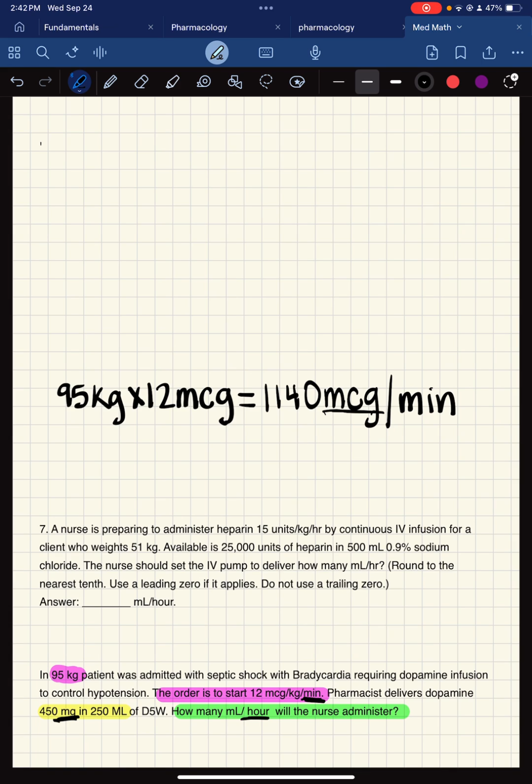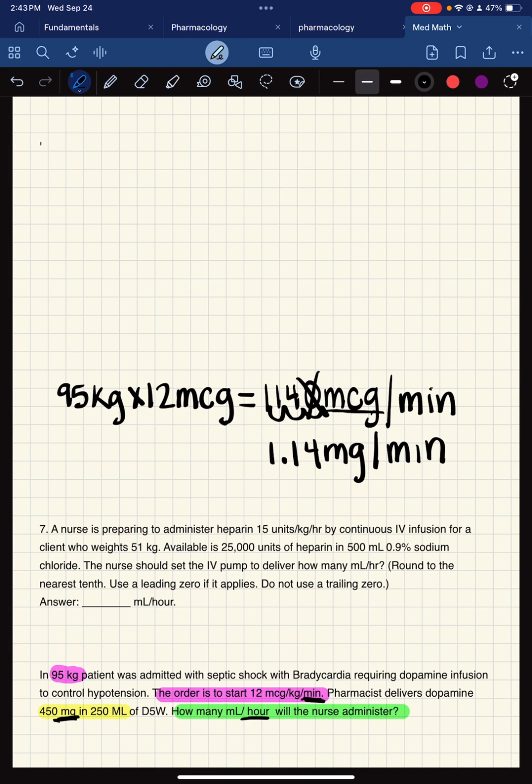So 1140 micrograms. We're at micrograms, so we're basically at the bottom. And remember, milligrams is the next step to the left. So we're gonna go over 3 times to the left. Okay, so 1, 2, 3. So now it's 1.14. We get rid of the 0, and instead of micrograms, it's going to be milligrams. And you're going to have per minute.